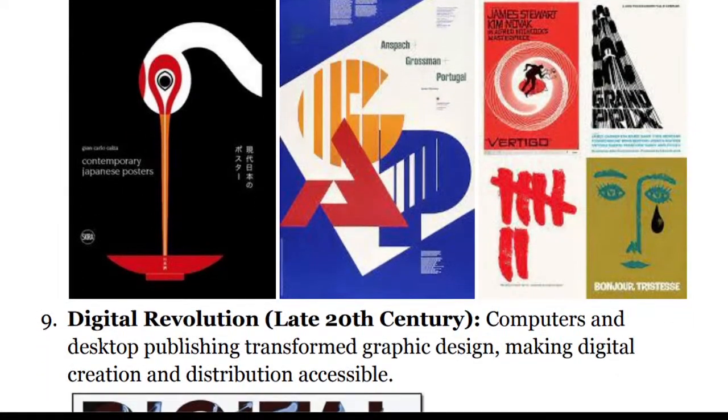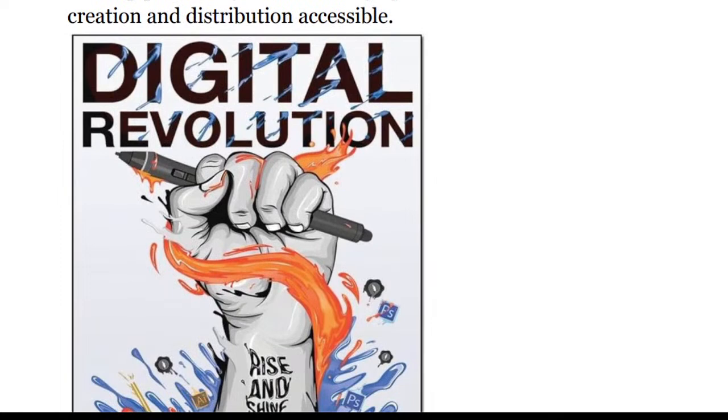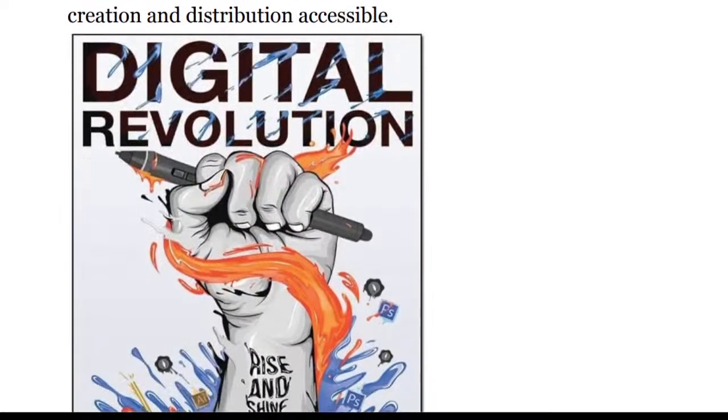Then also we are going to be checking the ninth type of evolution of design, which is the digital evolution, the late 20th century. In this one, computers and desktop publishing transformed graphic design, making digital creation and distribution accessible.